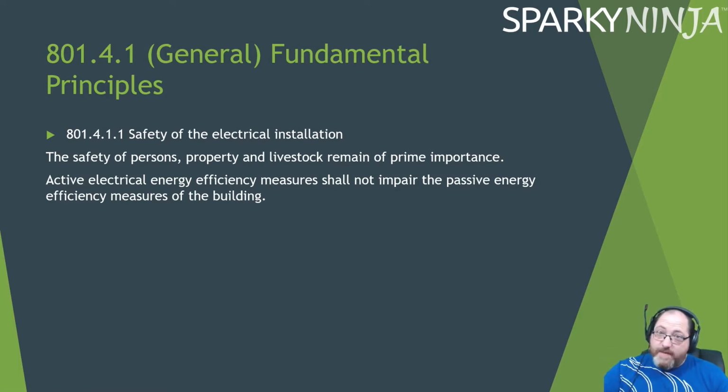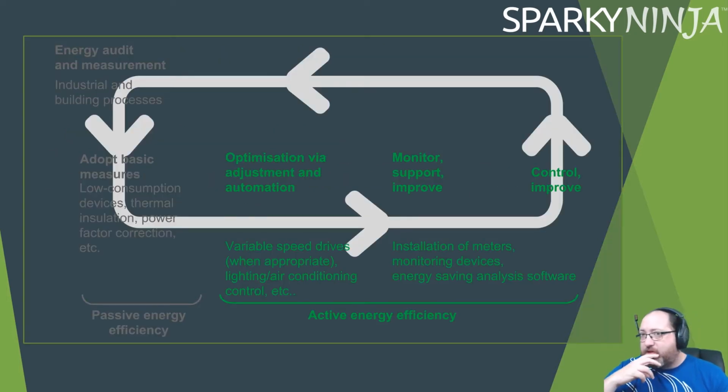Okay, so fundamental principle here: safety. The safety of persons, property, and livestock remain the prime importance. Active electrical energy measures shall not impair the passive energy efficiency measures of the building. Okay, the passive energy efficiency measures is where you've got a building structure or a building category.